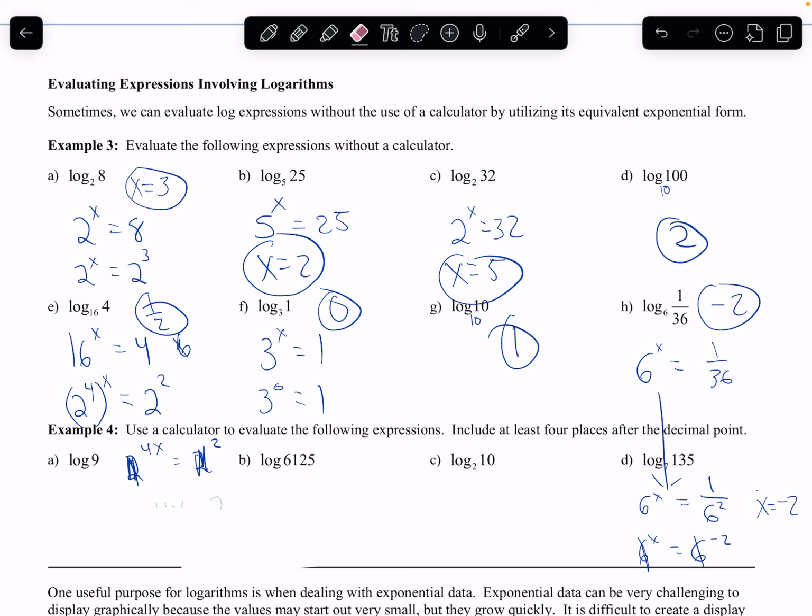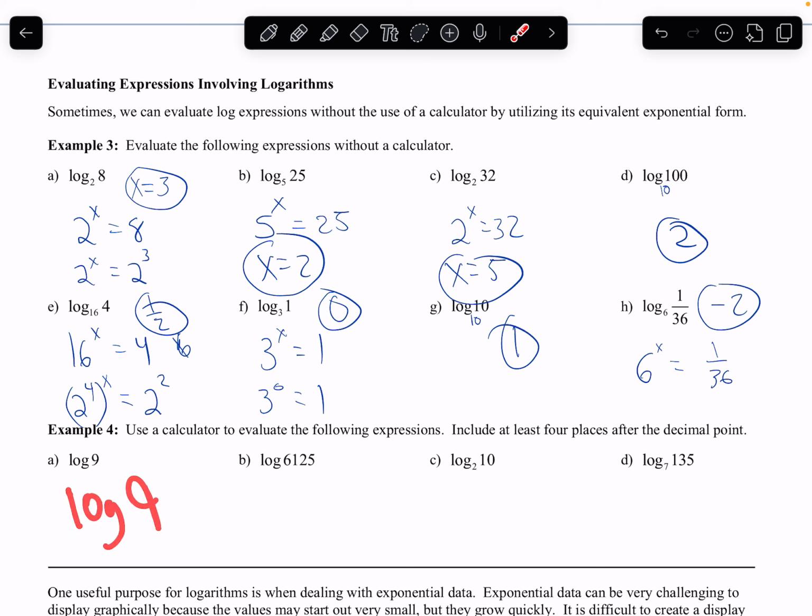So if there's anything you didn't understand there, please go ahead and rewind that video and follow that explanation again. Let's go down to example 4. Example 4 is easy because it says use a calculator. Type them straight in. Go to Desmos. Type log 9. If you don't see a number down here, you know it's a 10.